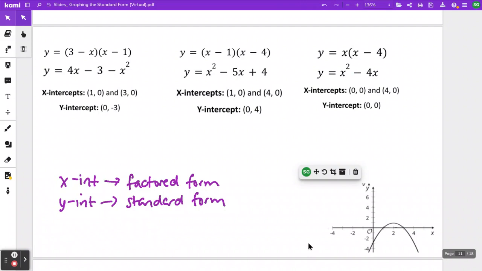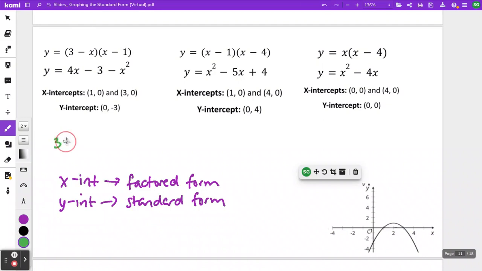We had said earlier, x-intercepts are easier to identify looking at factored form. And remember, the way specifically we were doing that was we were setting each part of factored form equal to 0. We were setting 3 minus x equal to 0, and we were setting x minus 1 equal to 0. When you do that, here you're adding x on both sides and you get 3 equals x.